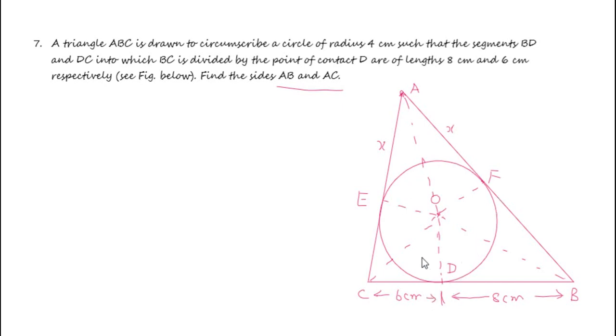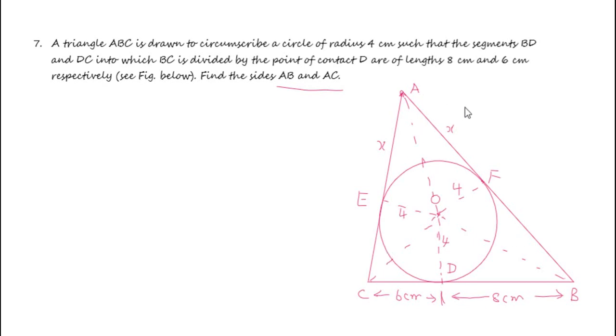Inside the triangle, these segments are given. CD is 6 cm, BD equal to 8 cm, and radius of the circle is 4 cm. That means this is 4, this is 4. All these are radius of the circle, that is OE, OF and OD are the radius of the circle, and that is 4 cm. We need to find out the lengths AB and AC.